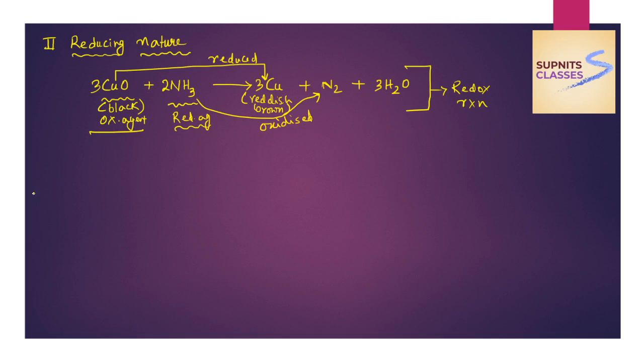Okay. So there is another reaction similar to this, that is with lead oxide. That is PbO, litharge, plus 2NH3. Same reaction. Nothing changes here. You can just replace lead in place of copper.